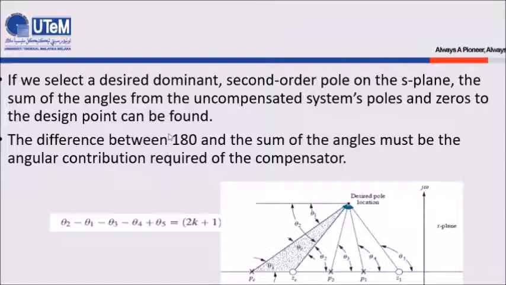In order to design this kind of controller, if we select the desired dominant second order poles on the s-plane, the sum of the angles from the uncompensated system poles and zeros to the design point can be found. The difference between 180 and the sum of the angles must be the angular contribution required for the compensator.